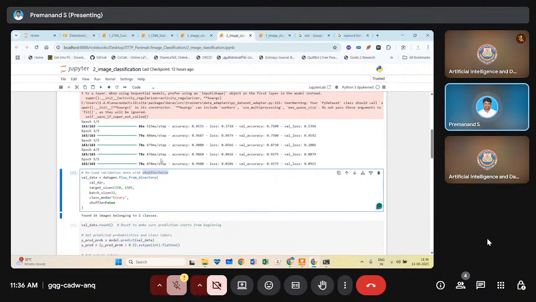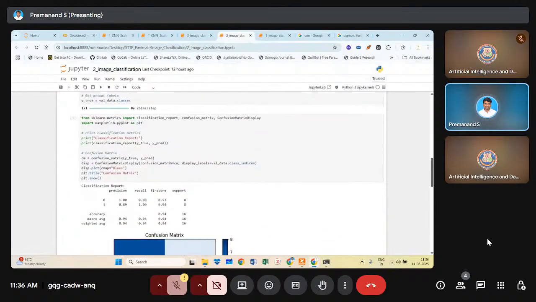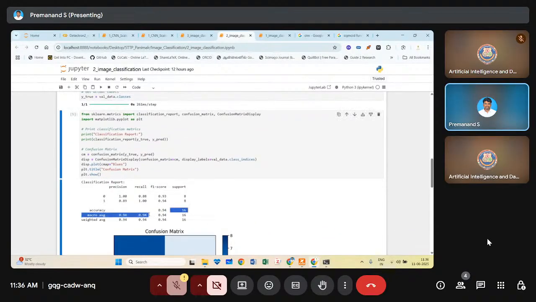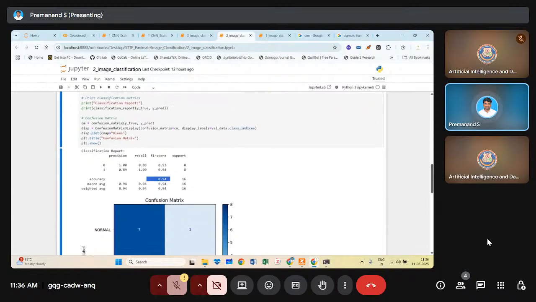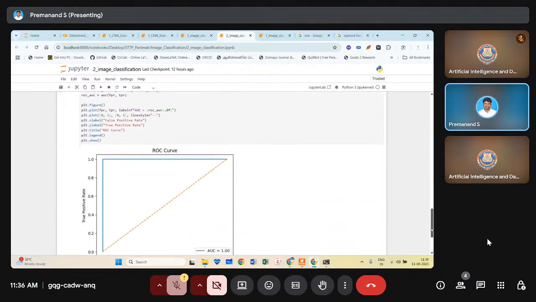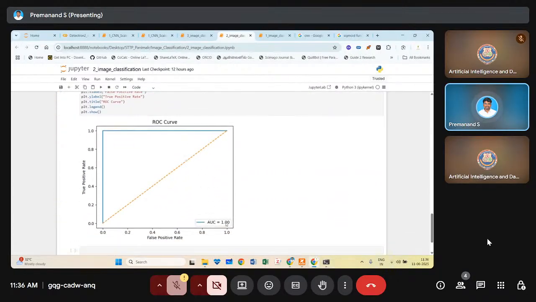Without shuffling, I'm giving the validation data. Here I get a better result. How much? From 44% I'm shifting to 94%, and with respect to the ROC curve also I'm getting 100%.